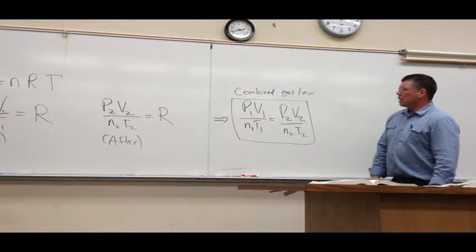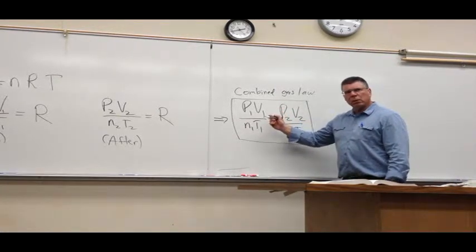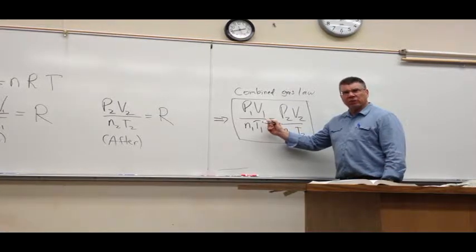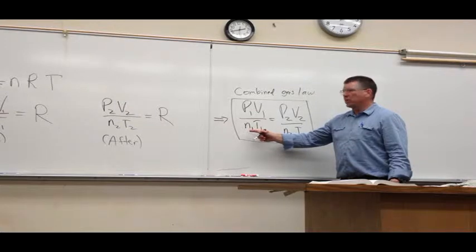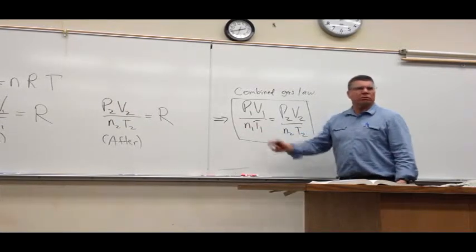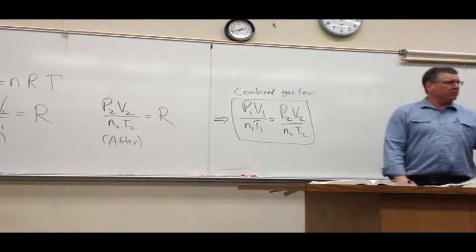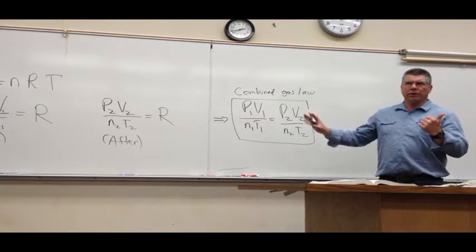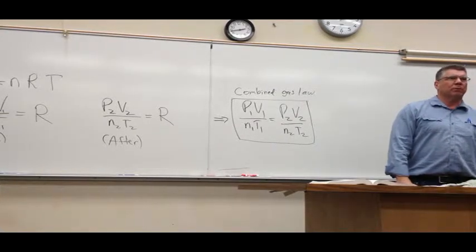And if you know that one or more of the variables is not changing, it's held constant, say it's n, then n1 is equal to n2, you can just cross it off. When you do it like that, you get all of the simple gas laws all in one. You get Boyle's law, Charles' law, Gay-Lussac's law, all of those, right?